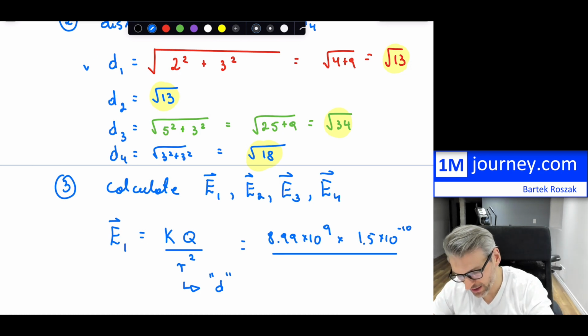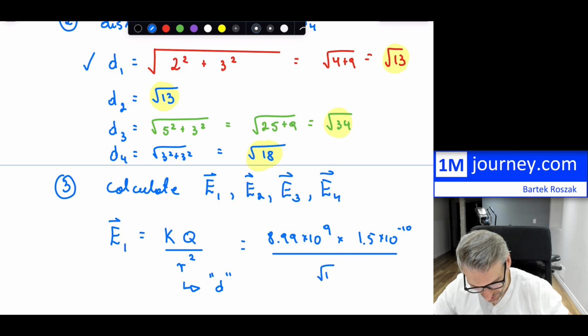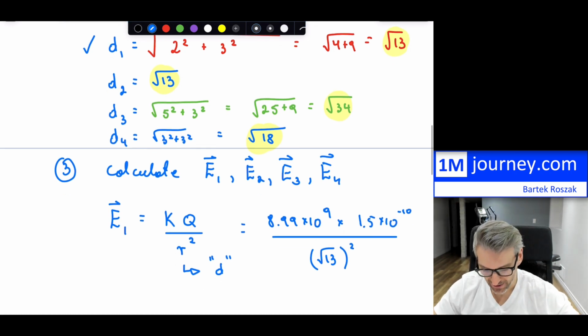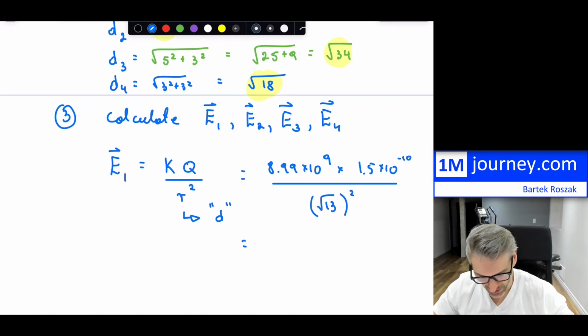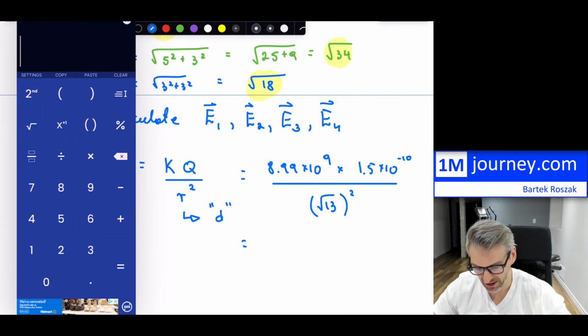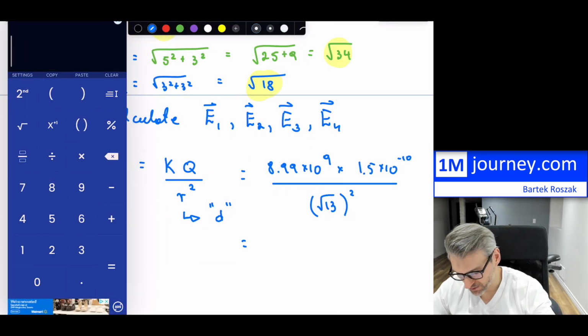Hence, this is why we needed the distances. So this is going to be 13. Notice, because you kept the square root, so now that you square it, it's going to be just 13. So again, this isn't very difficult, right? I can pop out the calculator in here, and I can substitute everything in.